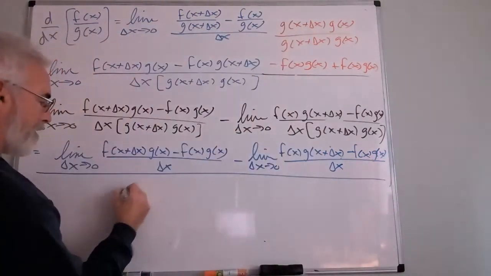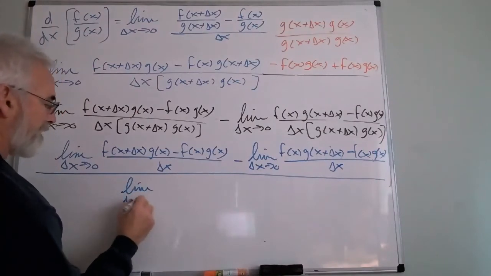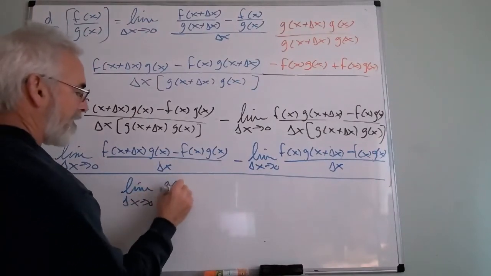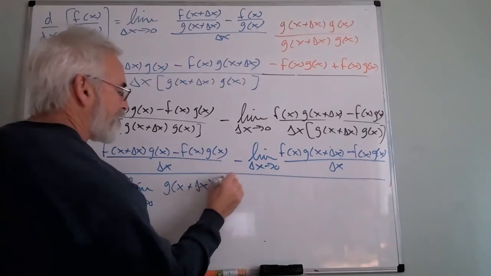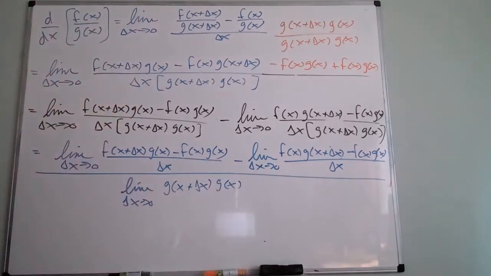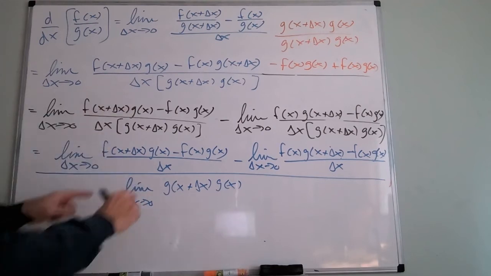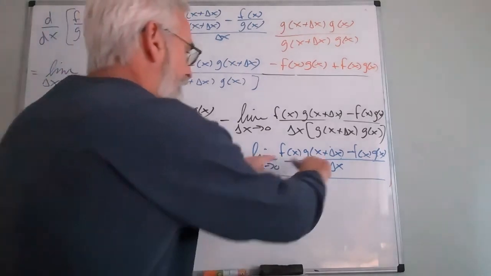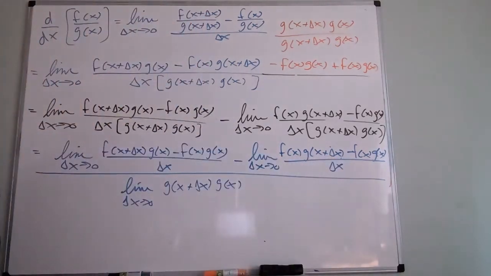All over the limit as delta x goes to 0 of g of x plus delta x, g of x. So I used that little cool trick about quotients. Now I'm making it into two quotients again. But the reason I'm doing that is now the numerators, if I factor out the appropriate term, I'm going to have the definition of the derivative smack dab in the middle of the problem.